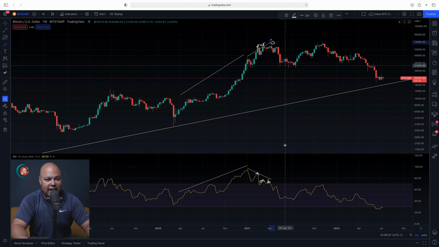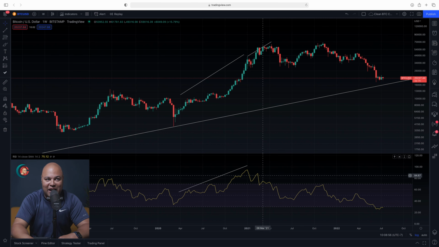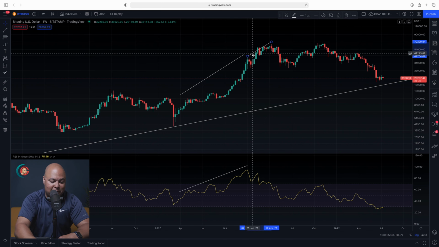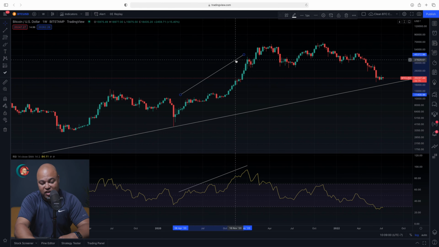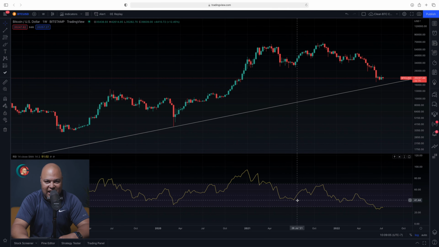When the RSI and the price are doing different things, it means that what's probably going to happen is the price is going to follow the RSI. If the momentum starts moving down while the price is still moving up, the RSI is telling us the price is heading towards the top. It's going to hit the top pretty soon, and it's about time to take profit.